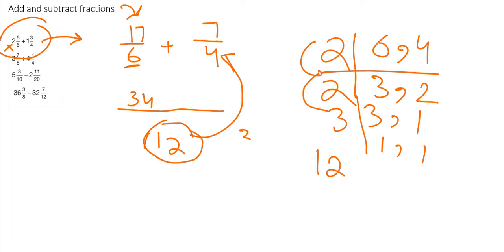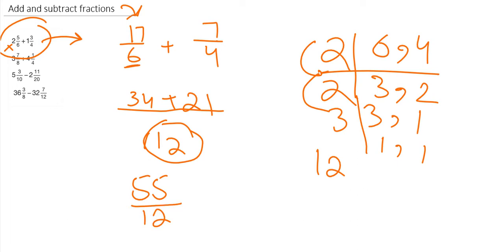So we get 3 after dividing these two, and we multiply it with 7, the numerator value, and we get 21. All right. 34 plus 21 gives 55 over 12. So we get 55 over 12 after adding these two mixed fractions.